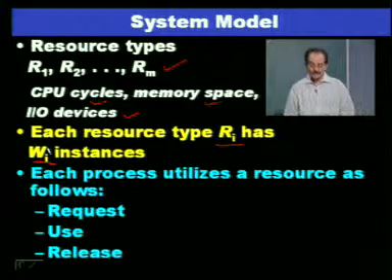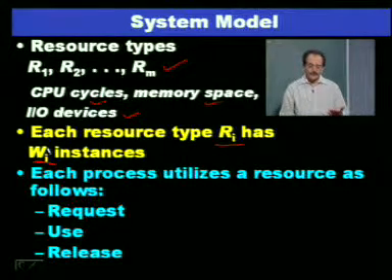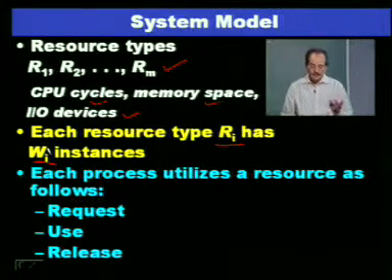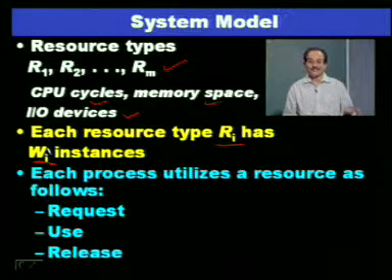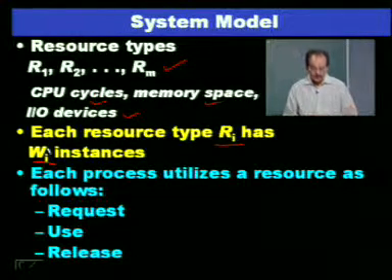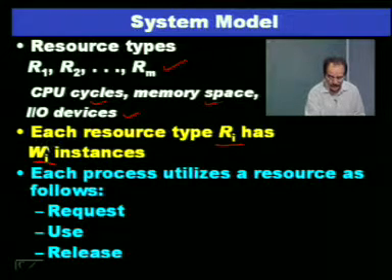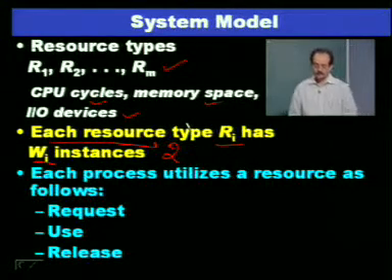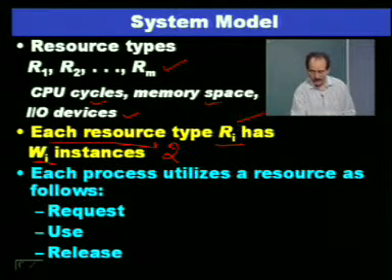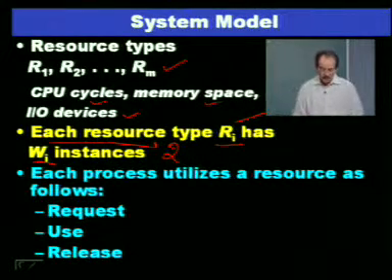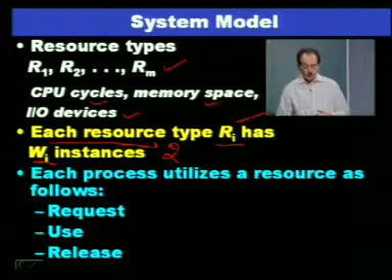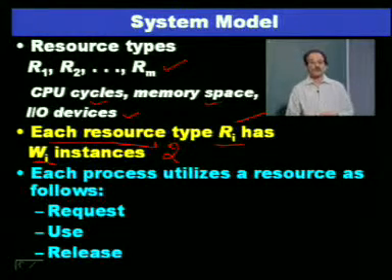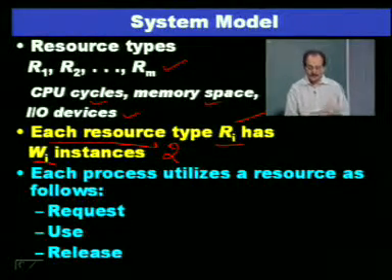What does it mean? Let us say I have a printer, and maybe there are two printers on my system. In that case my Wi will have the value 2, and the resource is my printer. Now, what is the usual process of resource utilization by any process?